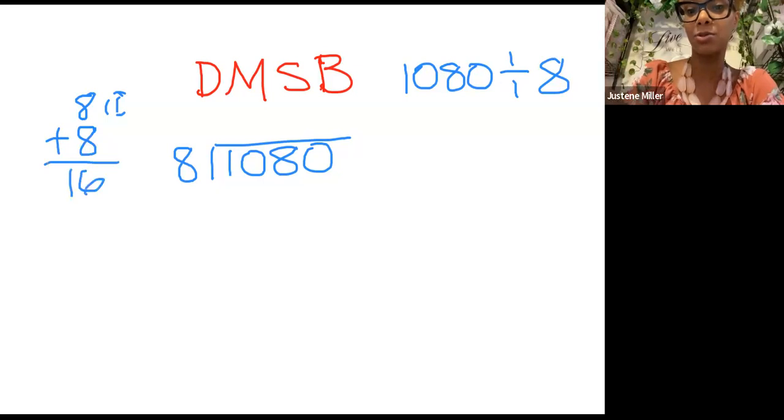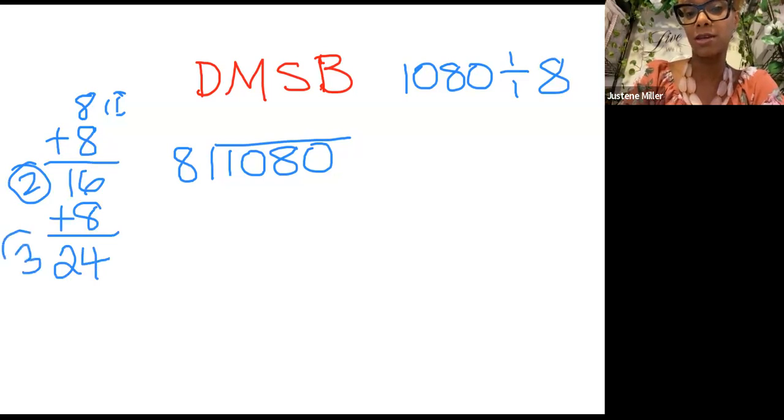That is 2 groups of 8. Plus another 8 gives me 24, which is 3 groups of 8. And I'll do one more. Plus 8 is 32, which is 4 groups of 8.